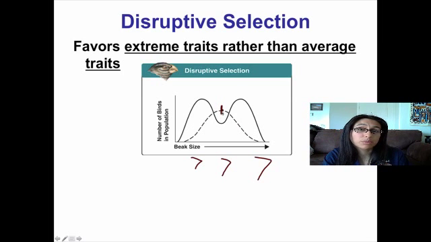Even though this is where most of the birds were, now we see a shift. Having a smaller beak is more favored, so we start to see more and more birds with smaller beaks, less birds with the average size beak, and more birds with the bigger beaks. So it kind of looks like a roller coaster with disruptive selection. The average is not good to be; it's better to be below average or above average in this case.